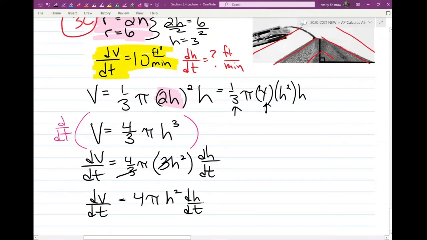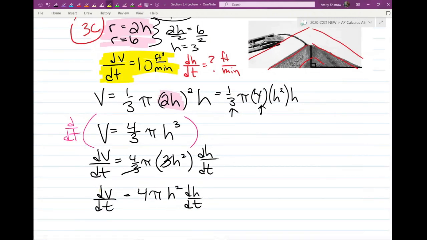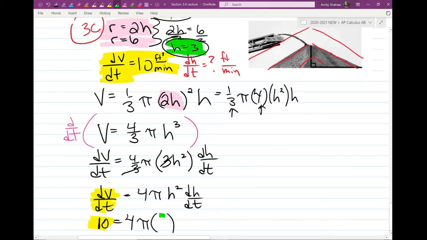Now I know all these pieces: I could say that dV dt is 10. And I know that there's a 4 and a pi, and the height, we had to solve for it. It's right here. I didn't give it a color, so I'm going to give it a color now. h is 3. It's squared, and dh dt is the thing that I'm looking for.